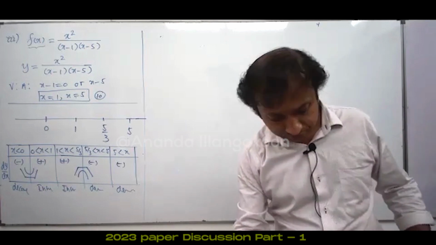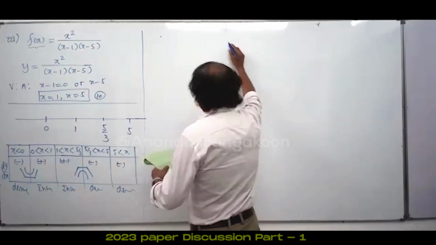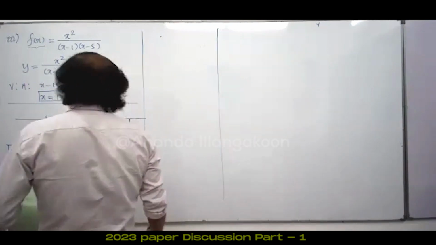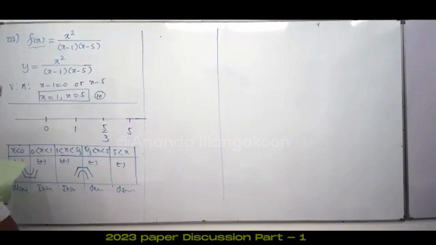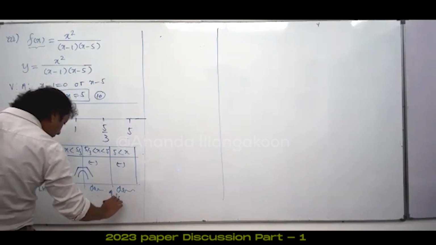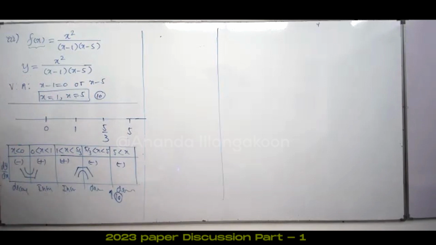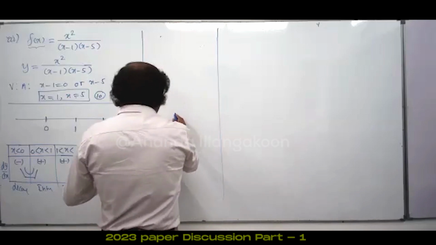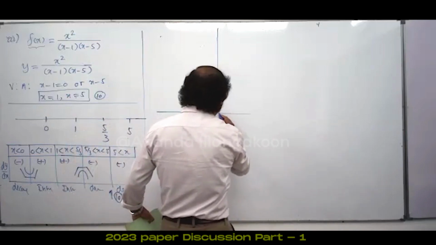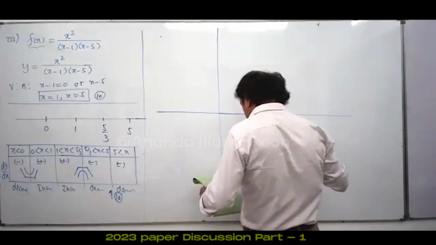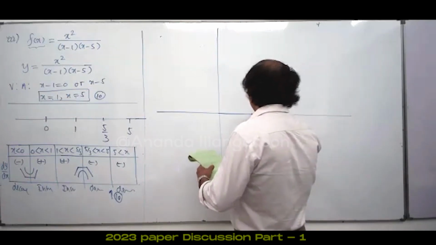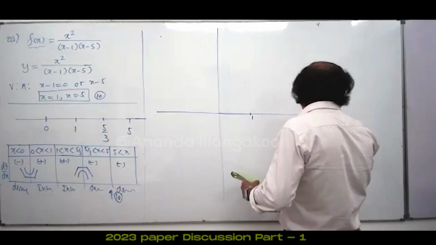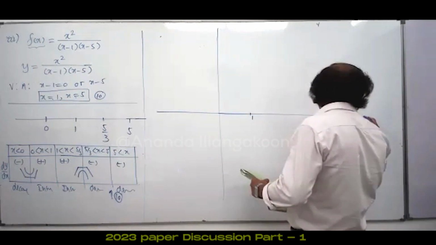Yes. Now, right, I give the marks, no? For the table, people, 10 marks only coming. Right. Now, this way. At x equals 1 we have a vertical asymptote. At x equals 5 also we have a vertical asymptote.